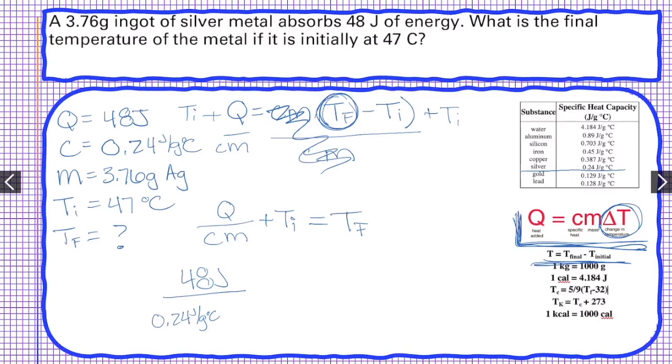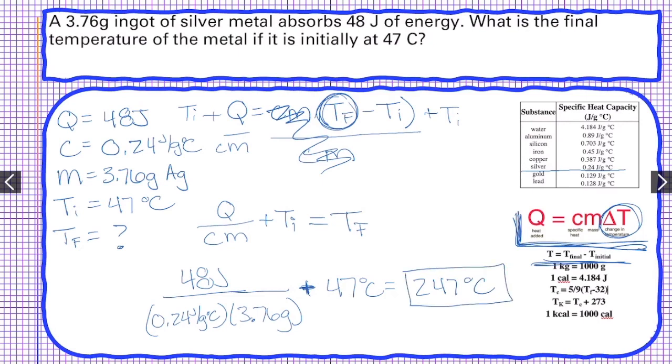Then I'm going to also divide that by 3.76 grams. Okay, oops, I need to add my temperature. So I'm going to add my initial temperature, which is 47 degrees Celsius. And if I plug this all into my calculator, I end up with 247 degrees Celsius as my final temperature.